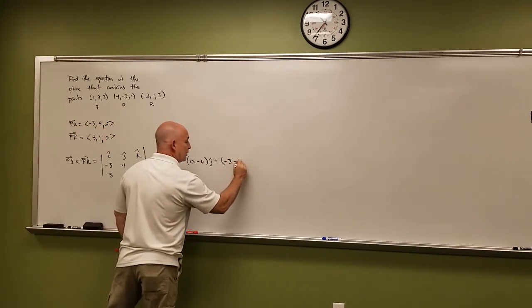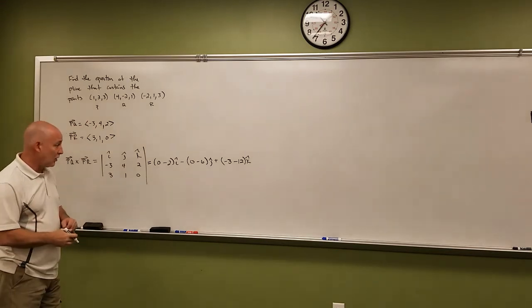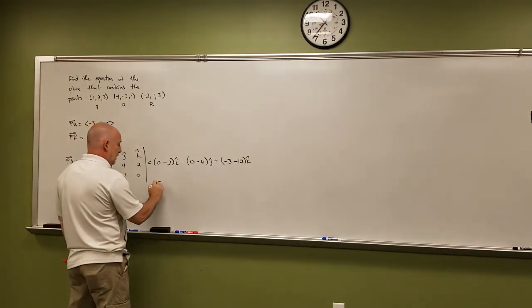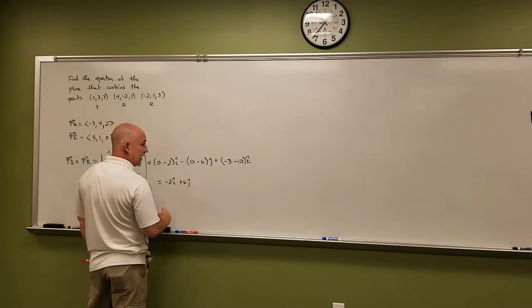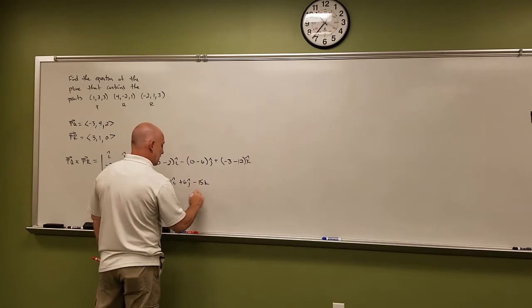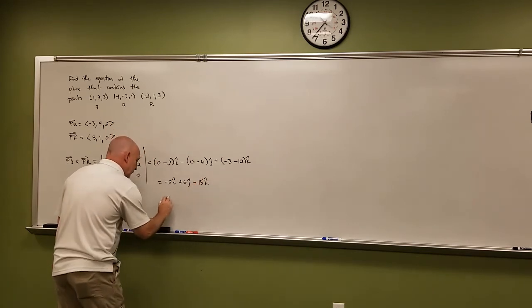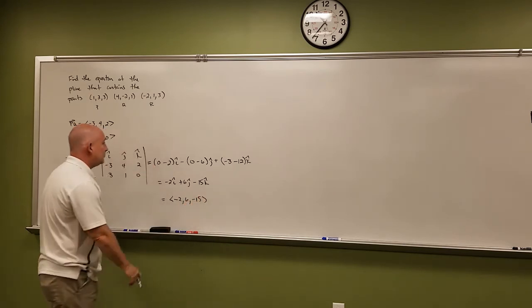Now, I did that rather quickly, so if you're still not real good with these, make sure that you're practicing your cross product because it's never going away. All right, so that gives me negative 2i plus 6j minus 15k. Or if you prefer the bracket notation, negative 2, 6, negative 15.